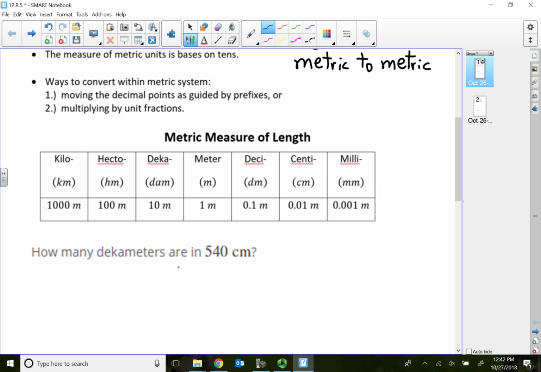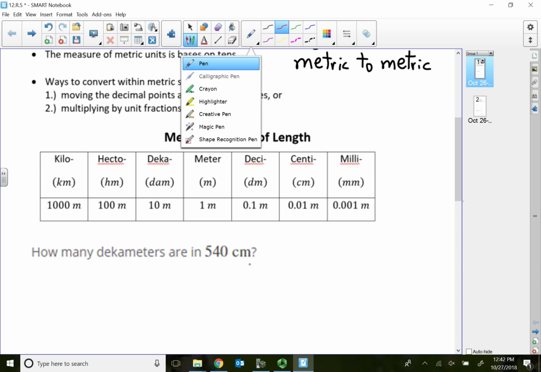So how many decameters are in 540 centimeters? Deca is right here, and centimeter is all the way here to the right. So go from deca to centimeters. The first prefix is telling you the place value.